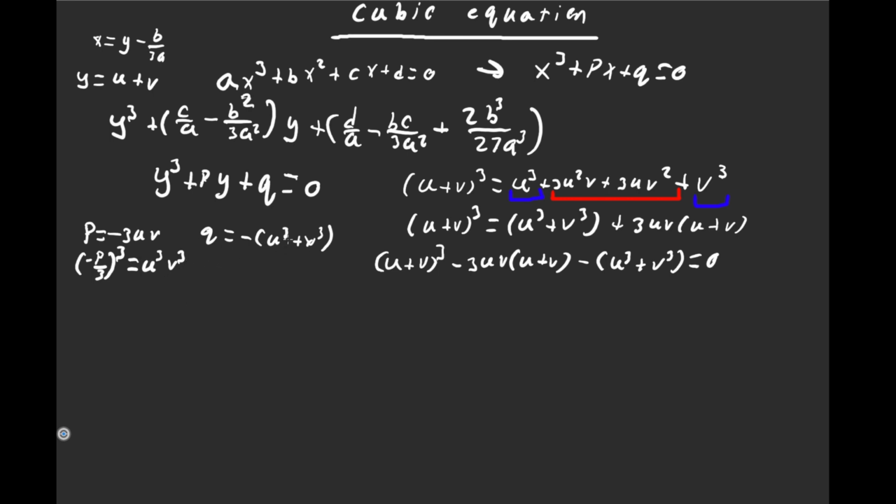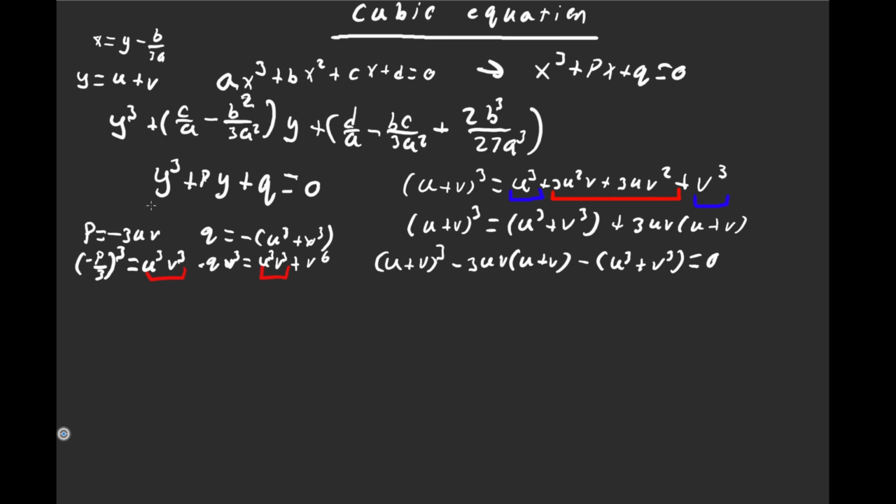And we just have to multiply by v cubed, so we get negative q v cubed is equal to u cubed v cubed plus v to the power of 6. So now, let's just substitute u plus v cubed for minus p over 3.